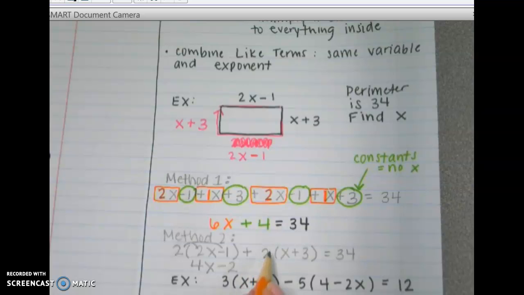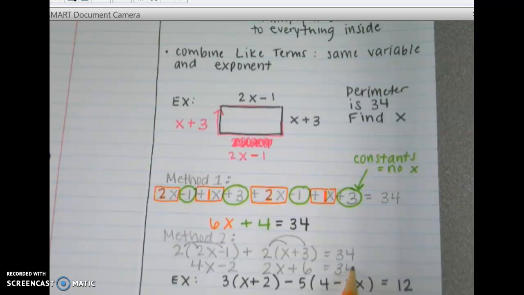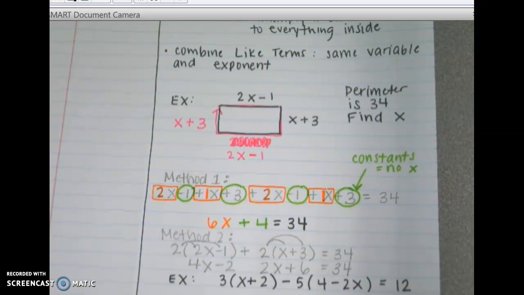I'm going to look at the next set, and now I have a positive 2 in front of a new group of parentheses, so I'm going to distribute that. So 2 times x is 2x, 2 times 3 is 6. All right, and now these are the same.